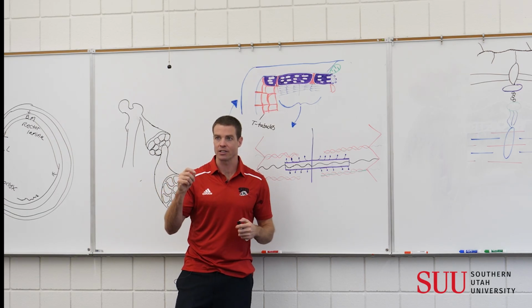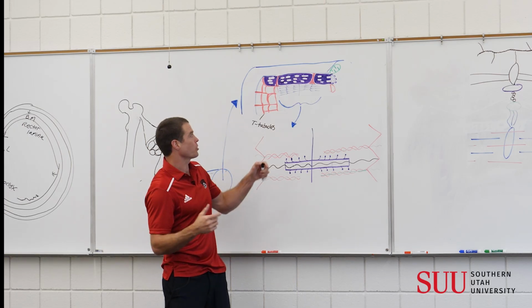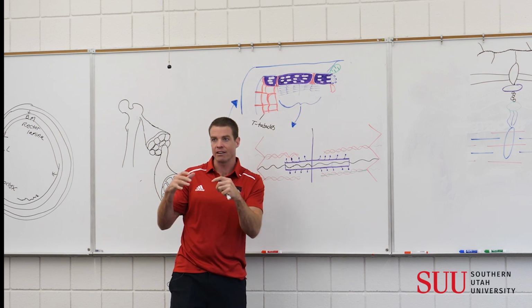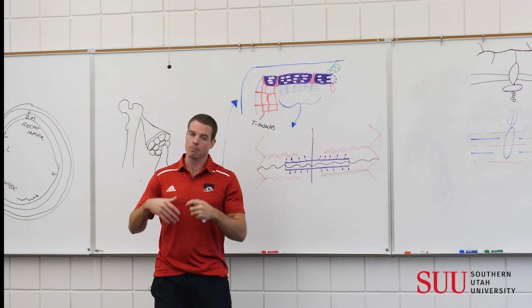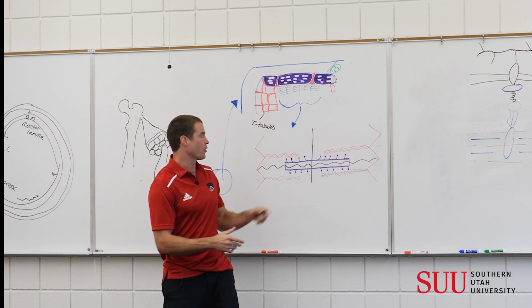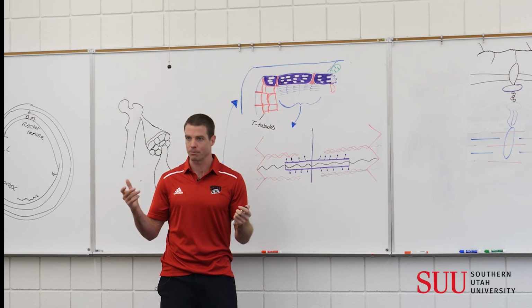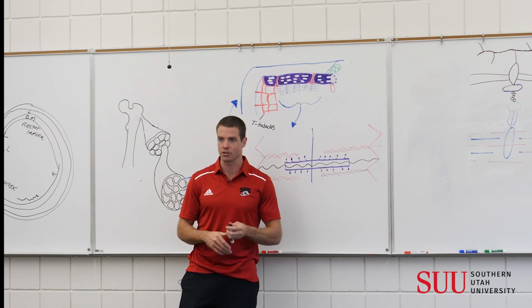There's going to be the subsarcolemmal mitochondria, and that's involved in signaling and ATP support. So it's right underneath the plasma membrane. And then you have your intermyofibrillar mitochondria, and that's more important to supply muscles for contraction. And then again, you have all the other organelles like your Golgi apparatus, your ribosomes, and so on, all the other cellular components that are important for your cells, peroxisomes, and so on.